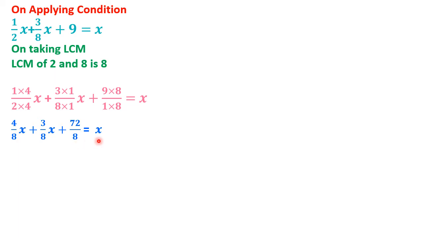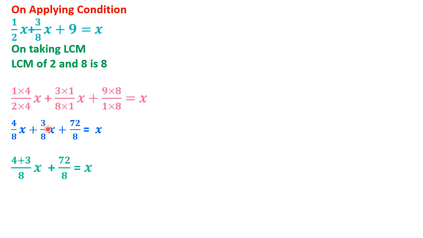And that is equal to x. Now here you can see the x in the RHS as well as the variable in the first two terms. But we cannot see the variable in this rational number 72 upon 8. So we have to group the variables. Now how are we going to group them?